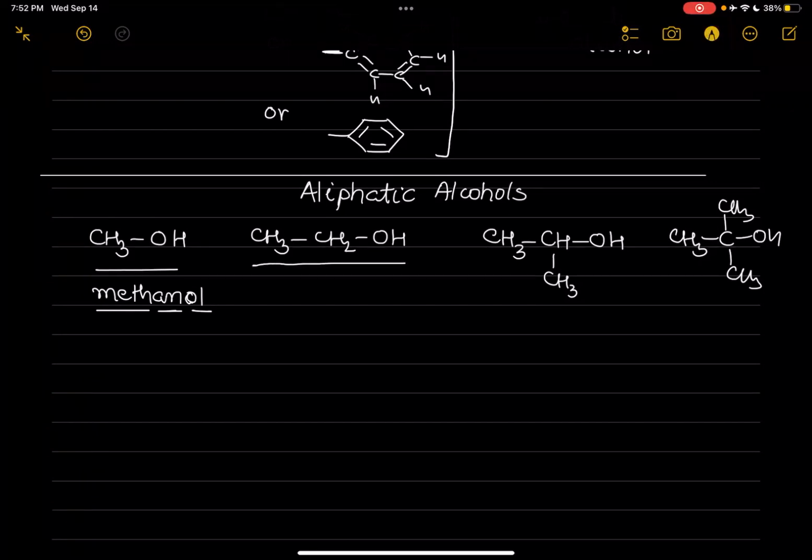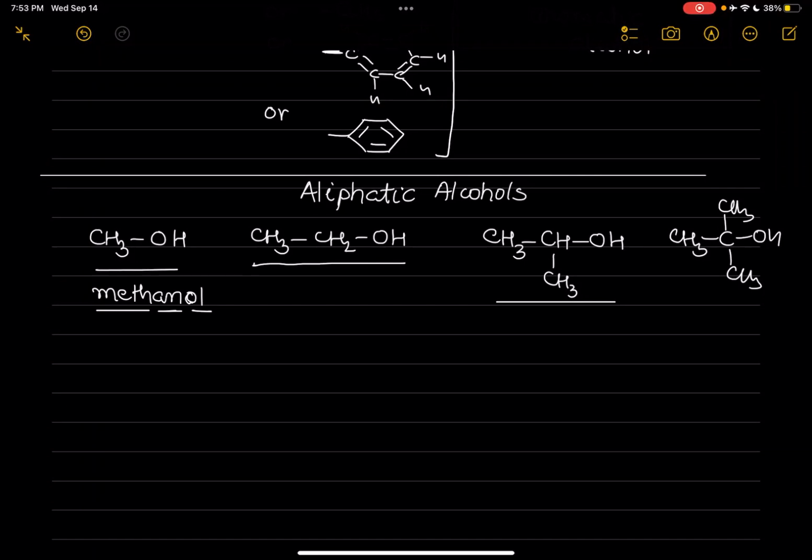What is the IUPAC name and the common name for the next alcohol? This is ethyl alcohol, derived from ethane.